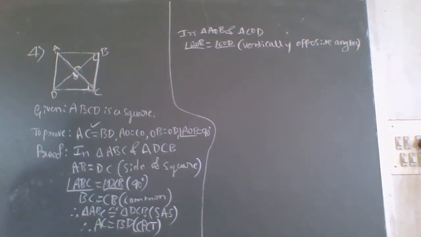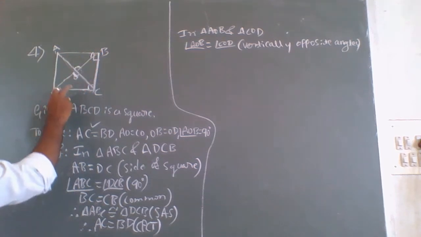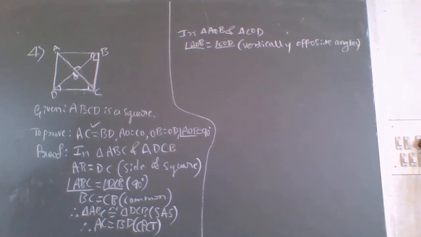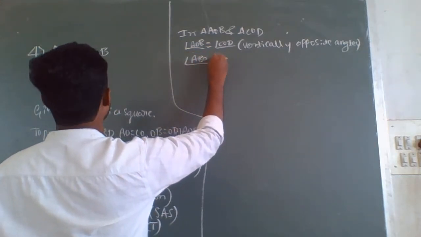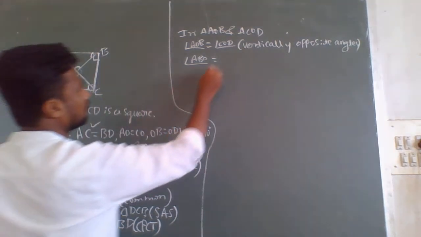So now again we know that angle ABO is equal to angle CDO.